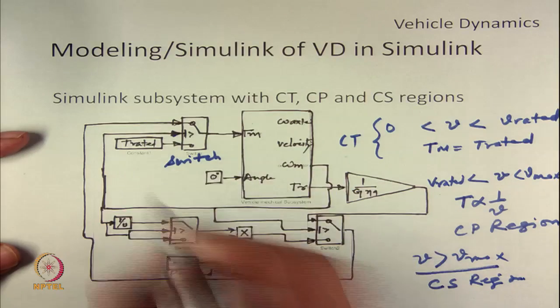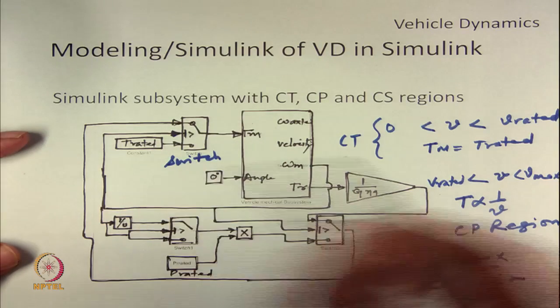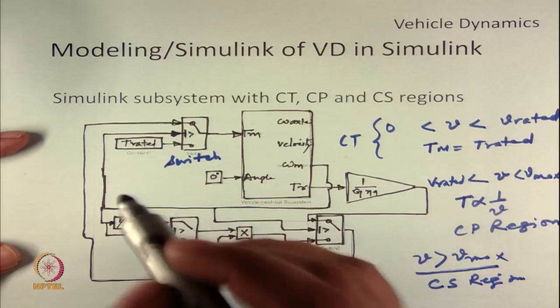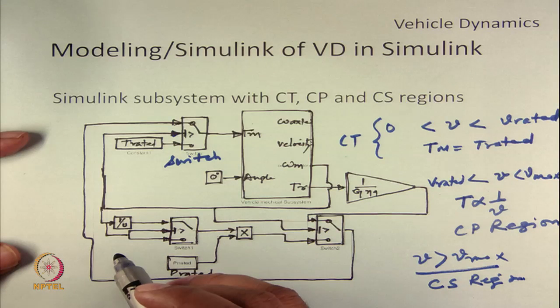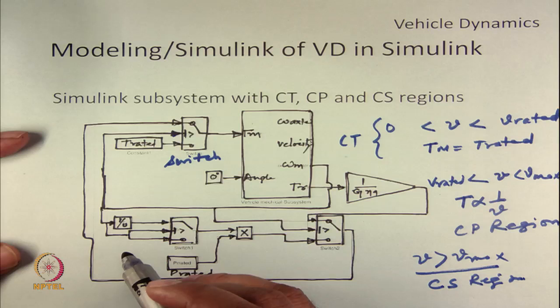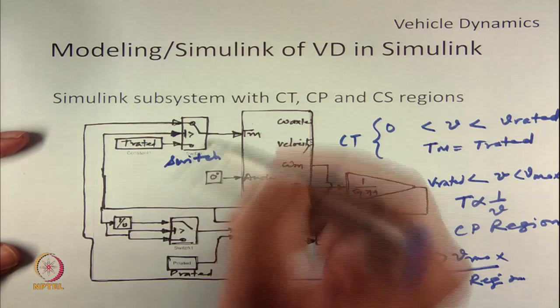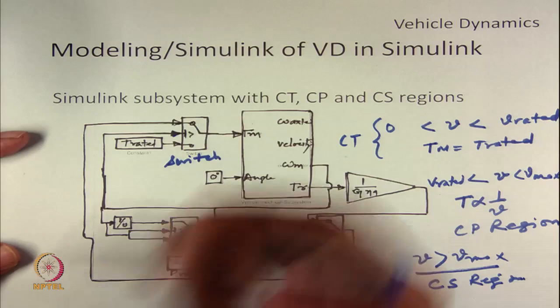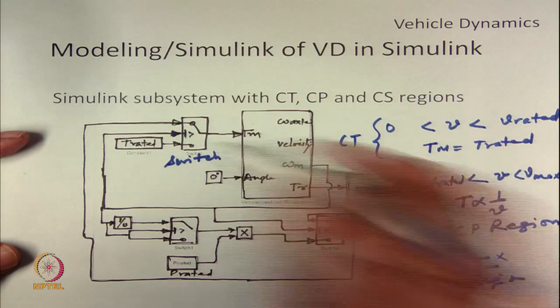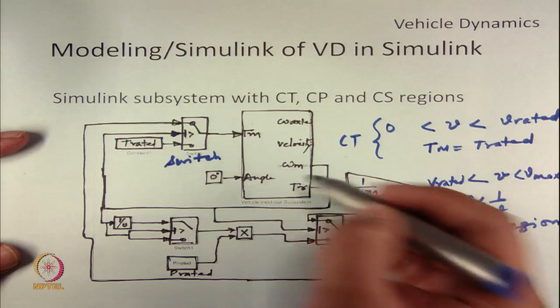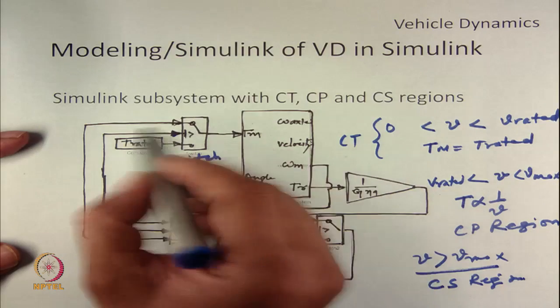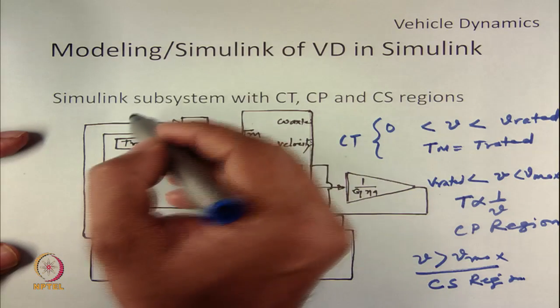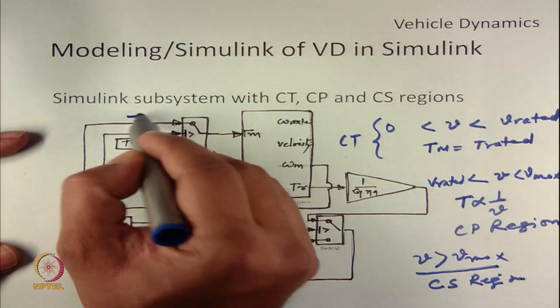So, this selection is based on the current angular velocity of the motor, and this block will also tell that if omega m is greater than omega m rated, then use the value which is coming from here.